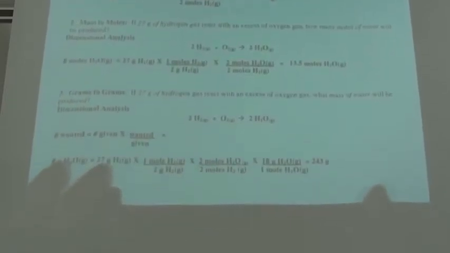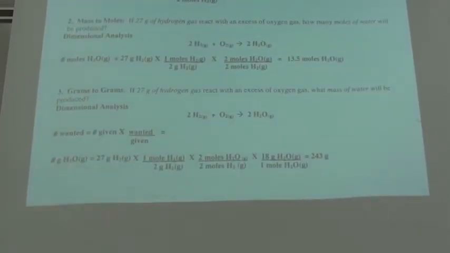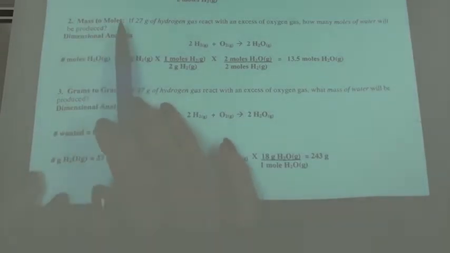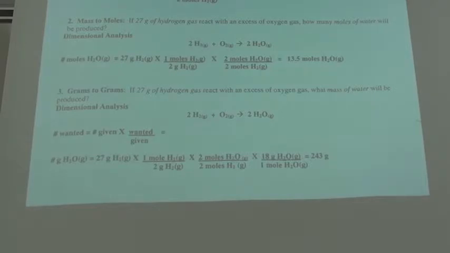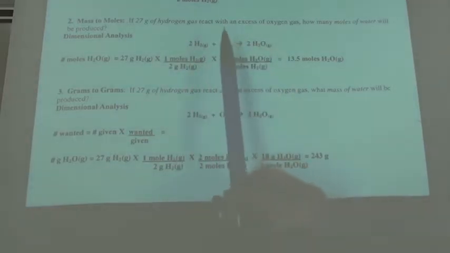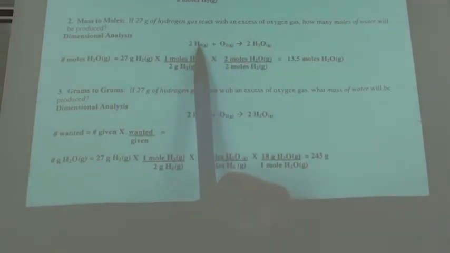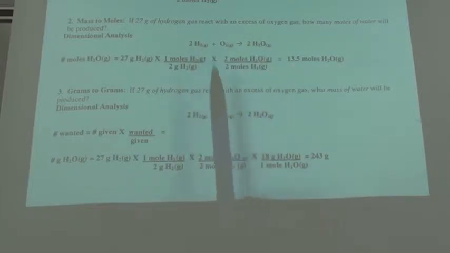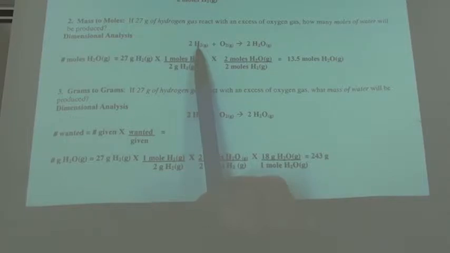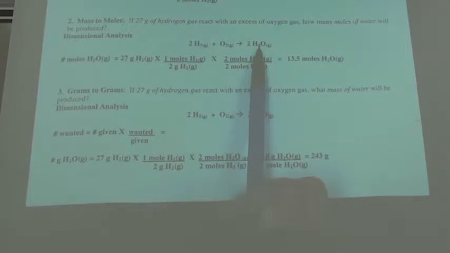One extra step is needed if you're going from mass to moles. So this time it says if 27 grams of hydrogen gas react with an excess of oxygen gas, how many moles of water will be produced? Here is our balanced equation. We're going to start with the grams of hydrogen gas. We're going to convert that to the moles of hydrogen gas, and then we're going to use stoichiometry to start talking about the moles of water.